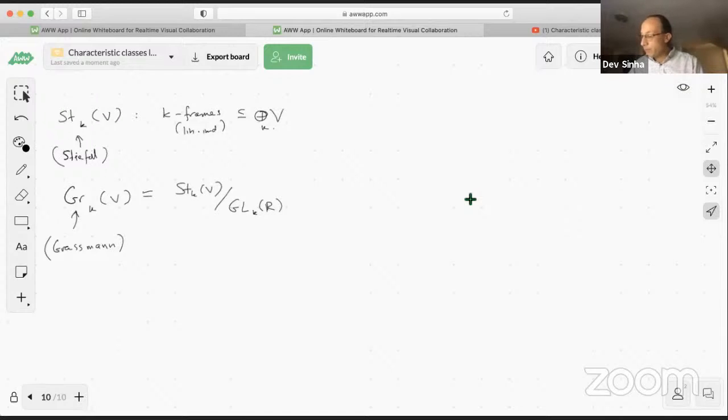What is that action? Well, let me just give you an example. If I have a frame of two vectors, say V1, V2 are my two vectors in V plus V, and I want to act by the matrix (1, 1; 0, 1), well, it should be pretty clear now. I'm going to take V1 plus V2 and then V2, say. This is something that happens within V.